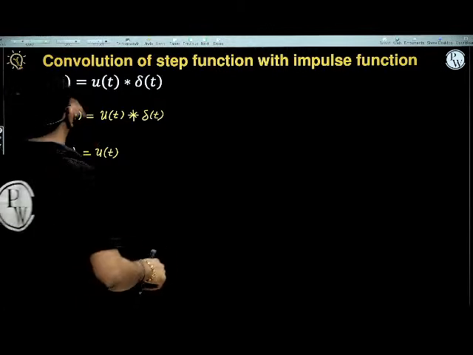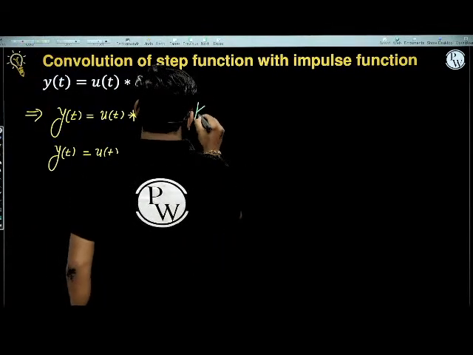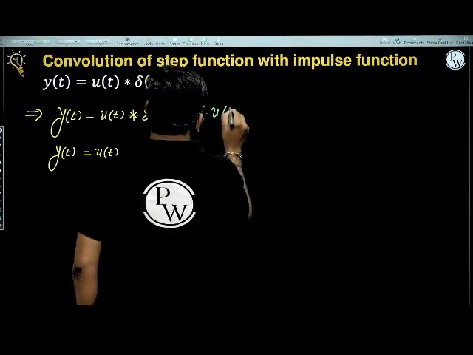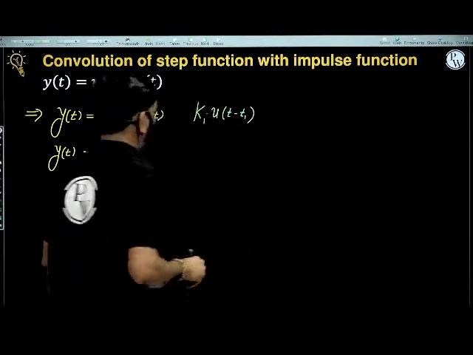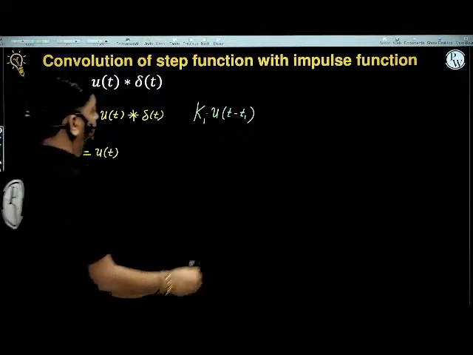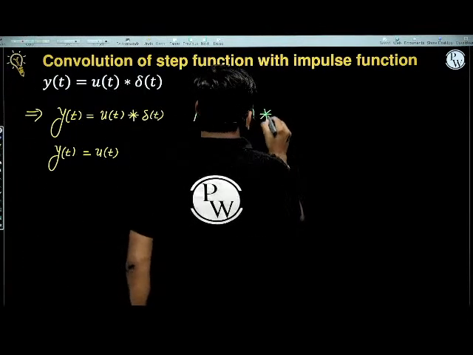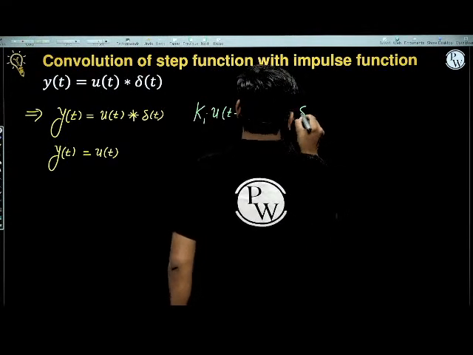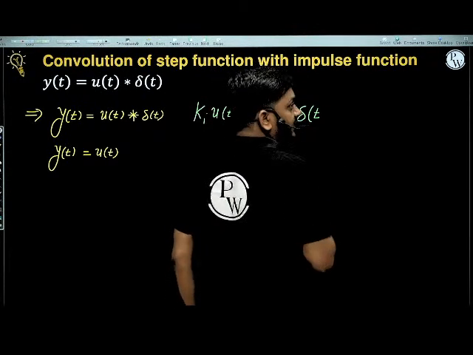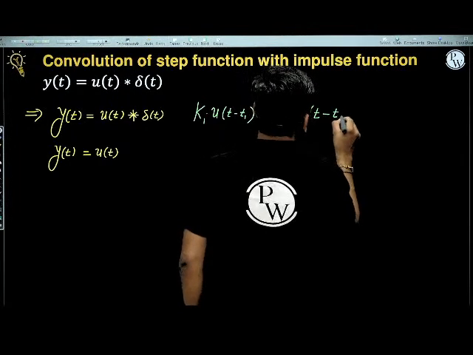And the result is what? Important result. Suppose this is multiplied with k1, u of t minus t1, shifted by t1 seconds, convolution with k2 del t minus t2.